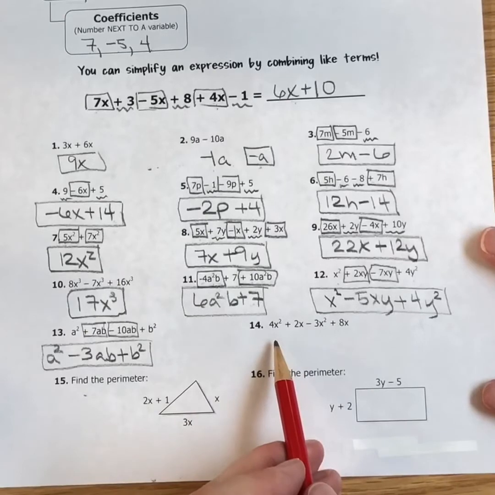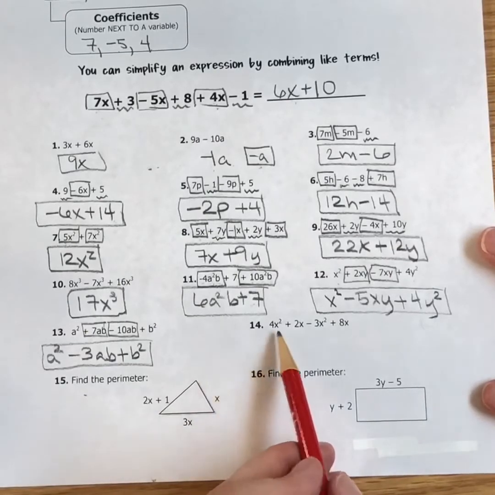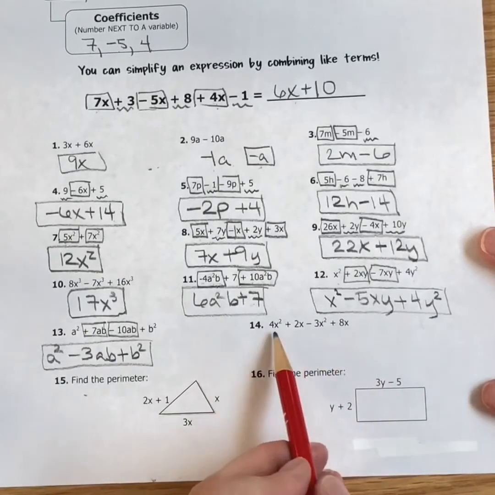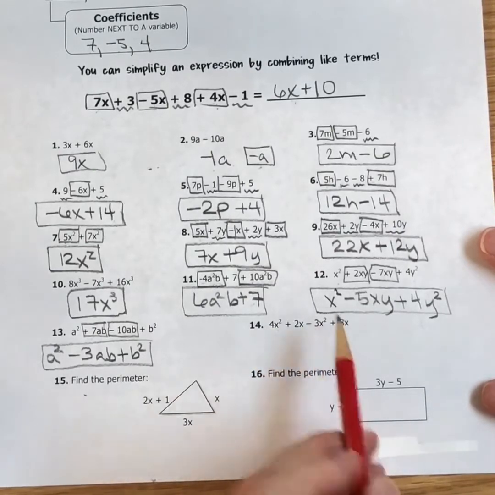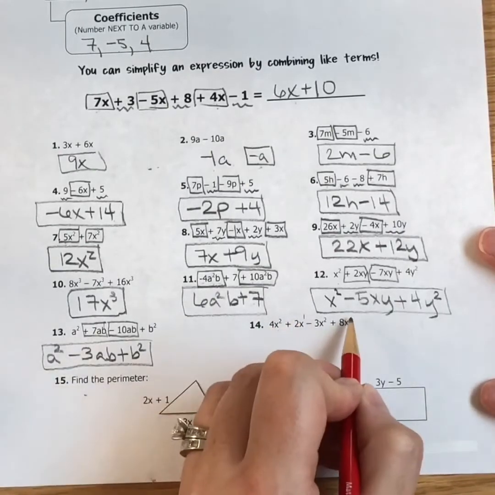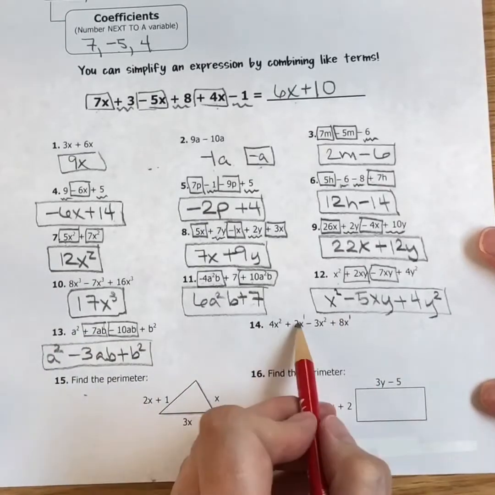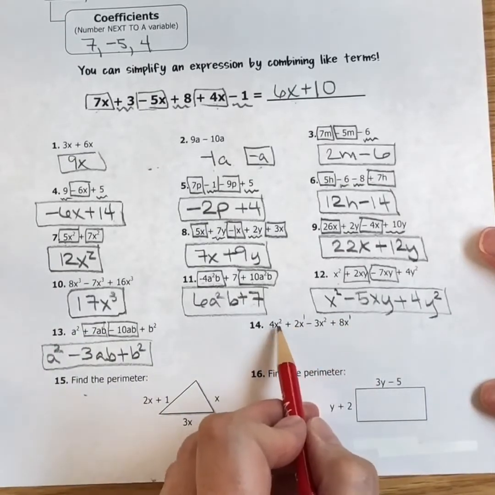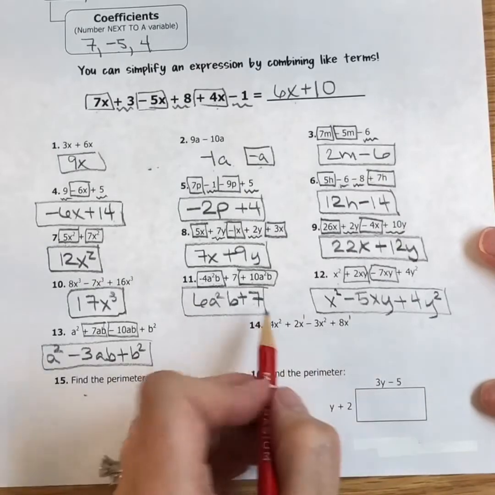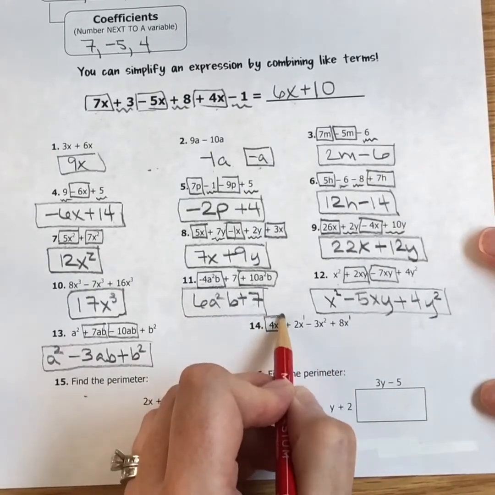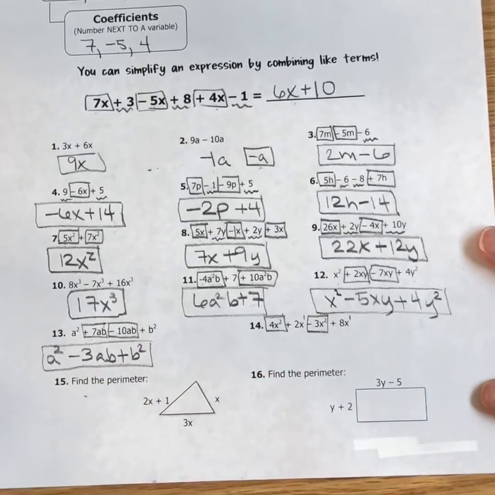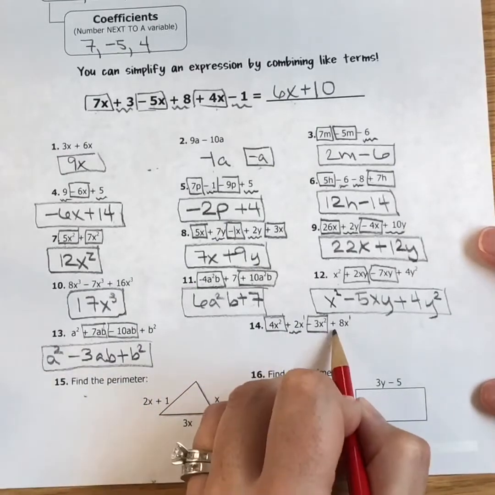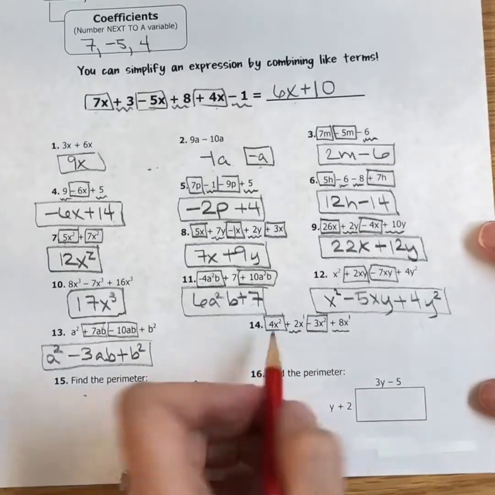Now, number 14, that shows you they're all x's. However, the x squared terms are different from the x, which actually means x to the first, because there's only one x term here, but these have two x's in each of the terms. So the 4x squared and the negative 3x squared we can combine, and the 2x and the 8x we can combine.